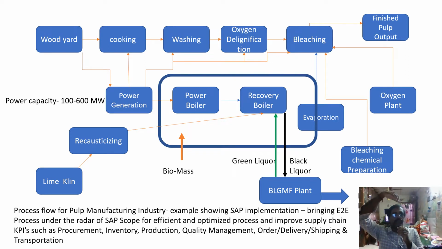From there some percentage, say for example 20 or 30 megawatt, will be utilized for the internal captive power plant. It's just an assumption. It may be 100 megawatt now, not sure. And the remaining power will be supplied to the common grid of a particular state grid or central grid, linked to the state electricity board or national electricity board.